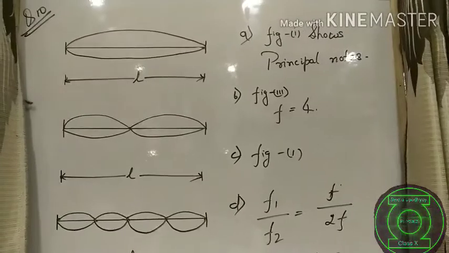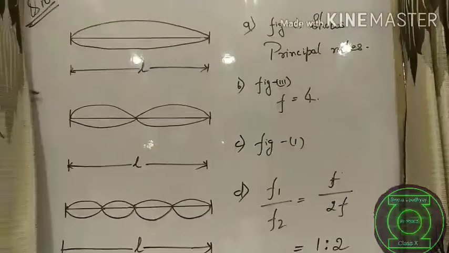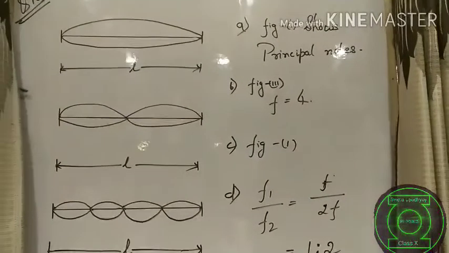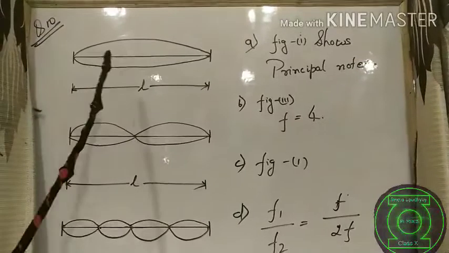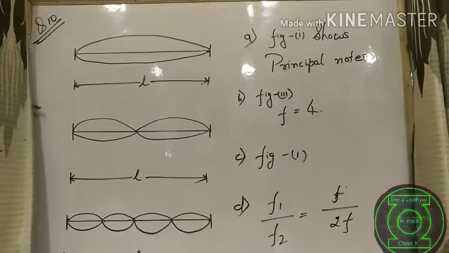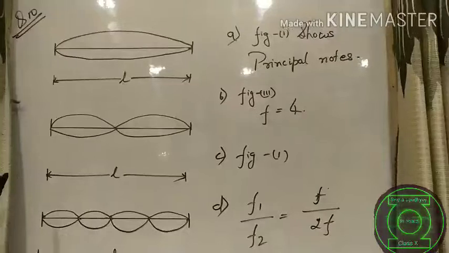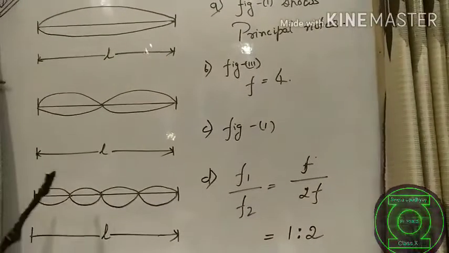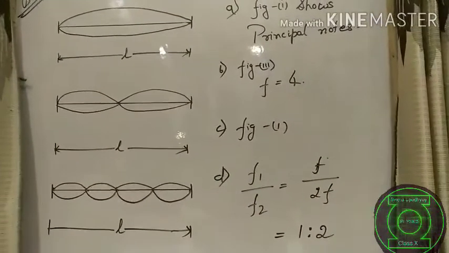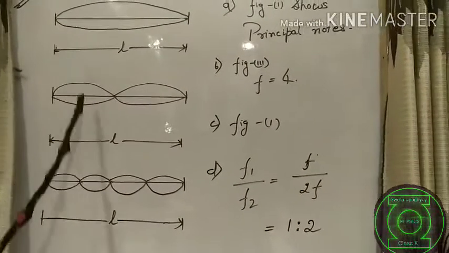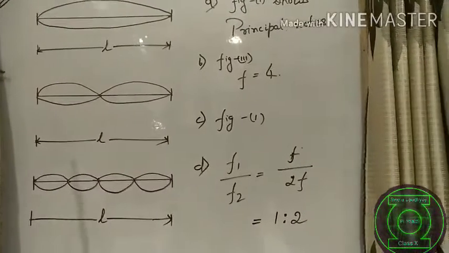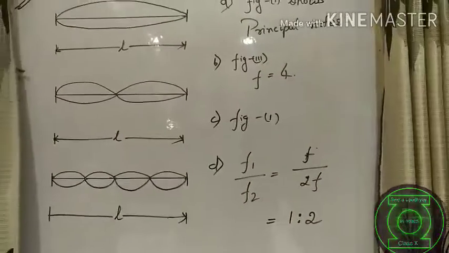Now we will discuss a question from exercise 7b. Question number 10. In this question they have given a diagram, and in this diagram are three different ways in which a string of length L in an instrument can be vibrated. These are the first way, second way and third way of vibrating the string.